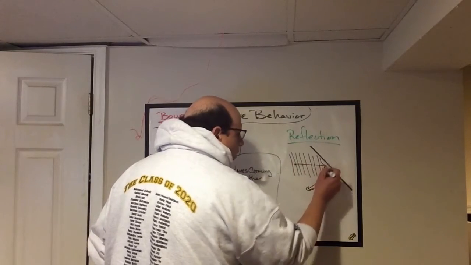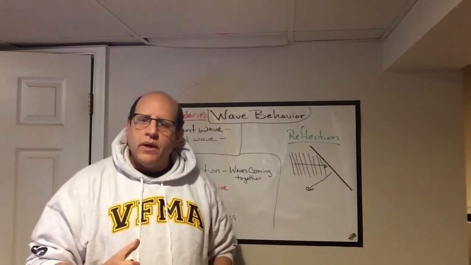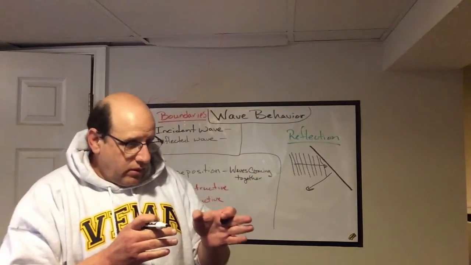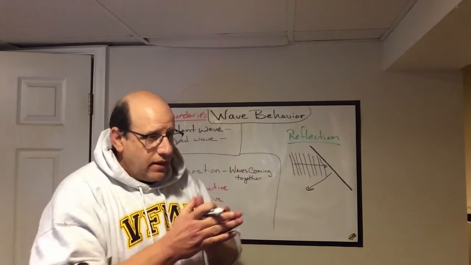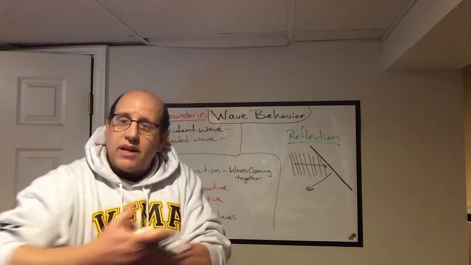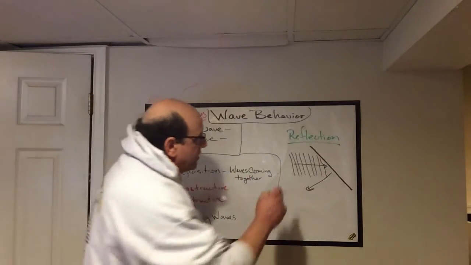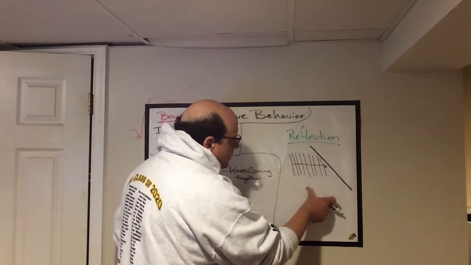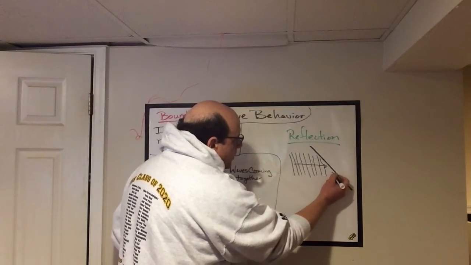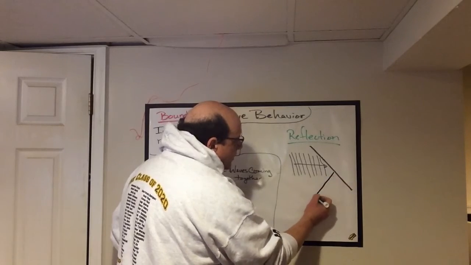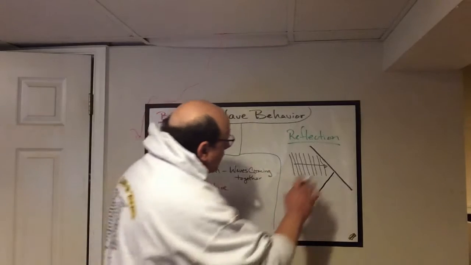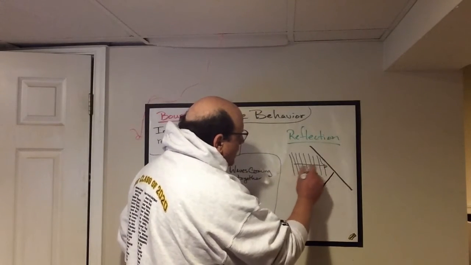It's sort of like when you're shooting pool and you want to hit a bank shot. You want the angle in to be the same as the angle out, and that's exactly what happens here. So if we have this angle here, it's really not a good representation if I don't draw it right, right? Says the mathematician. So basically, angle in and angle out are going to be basically the same.